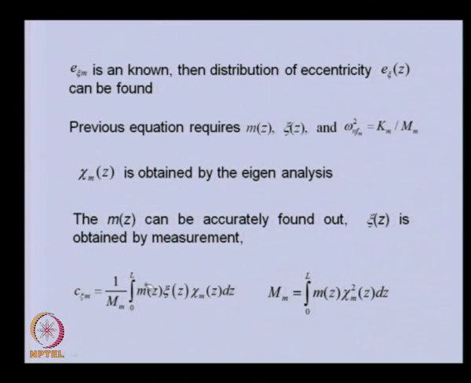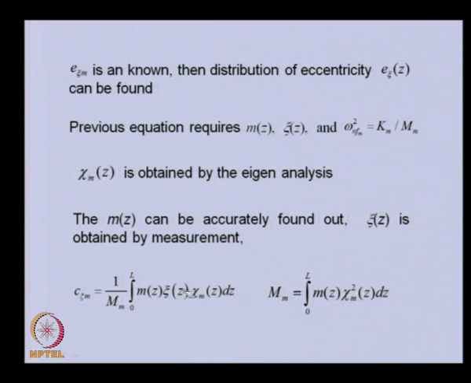The distribution of mass per unit length of the shaft we can obtain from the geometry and the mass property of the shaft. This eigenfunction we can obtain for the system for the chosen boundary conditions, and this generalized mass is expressed in terms of the mass distribution and the eigenfunction.